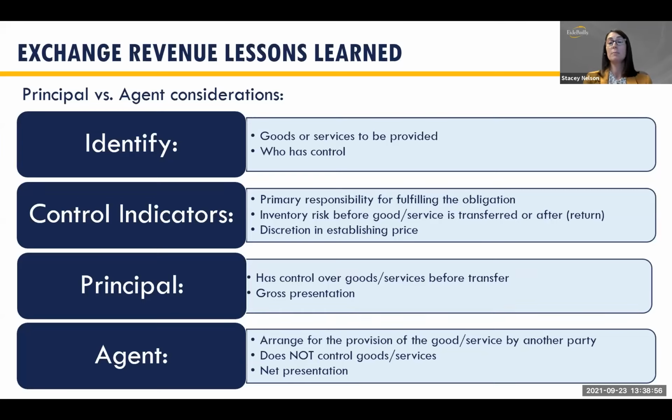The symphony is going to be responsible for fulfilling that performance obligation to the customer, and the symphony has the risk. So in this example, the center would be considered the agent, and they're only going to report the commission that they keep on the portion of that ticket sales. We have some more examples that we'll walk through related to this as well.